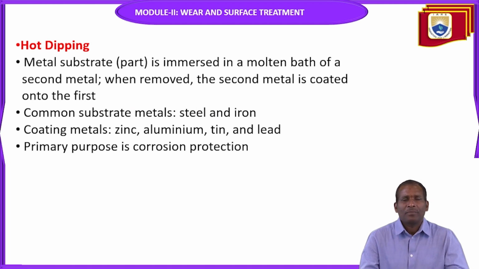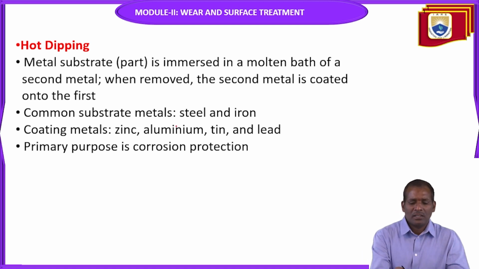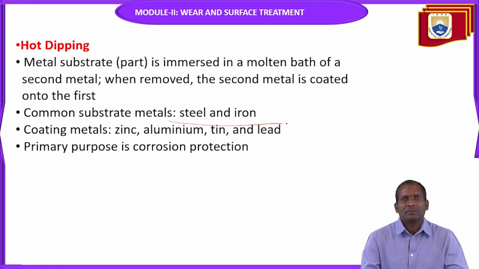Next, hot dipping. The metal substrate, that is called the part, is immersed in a molten bath of a second metal. When removed, the second metal is coated onto the first metal. The common substrate metals are steel and iron.